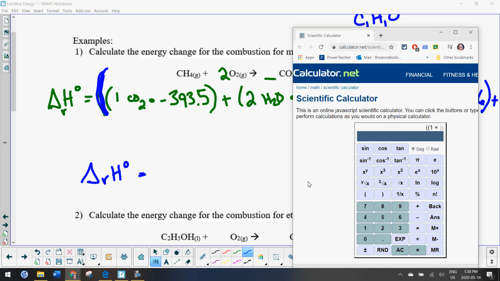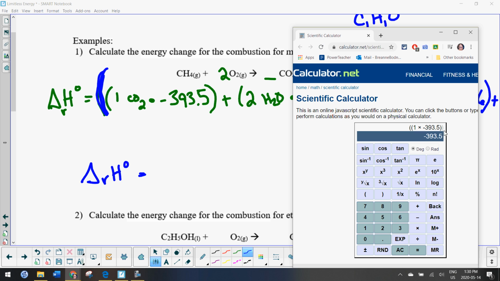Now again, to get the negative, in your calculator, more than likely you have to hit negative 393.5. But this online calculator that I have, I have to put in the number first and then hit my negative. It's weird. Okay, so now I have to close that second bracket.